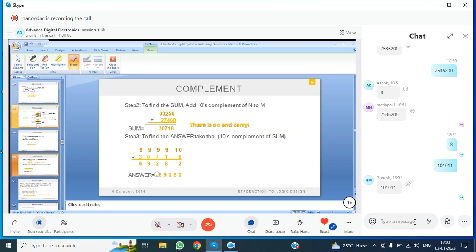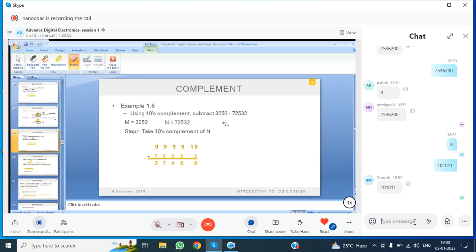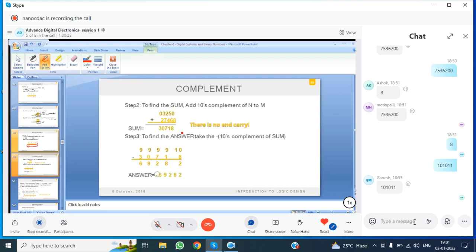So what we are doing is taking the complement of the complement. Finally, in the first step, you are taking n, the tens complement, and you are getting 27468 after the tens complement. To find the sum, you need to add the tens complement of n to m.